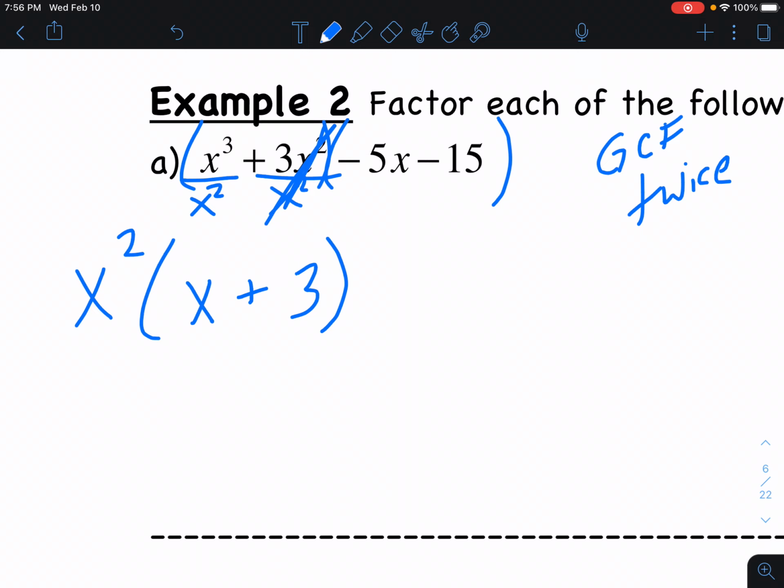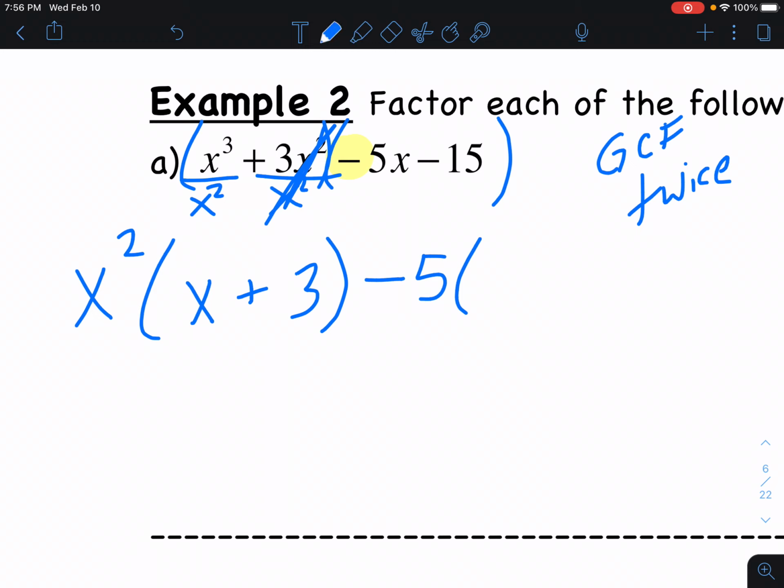So what's my GCF of negative 5x and negative 15? Well, if you said 5, you'd be really close. It's actually negative 5. When you're doing a GCF problem and your first term is a negative, you're supposed to have a negative in your GCF.